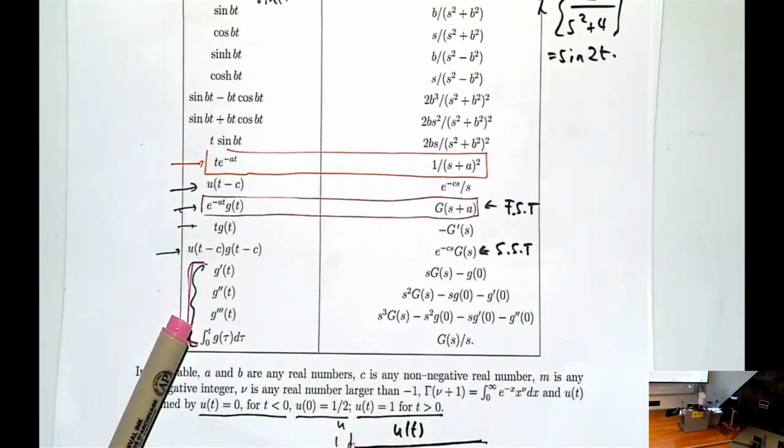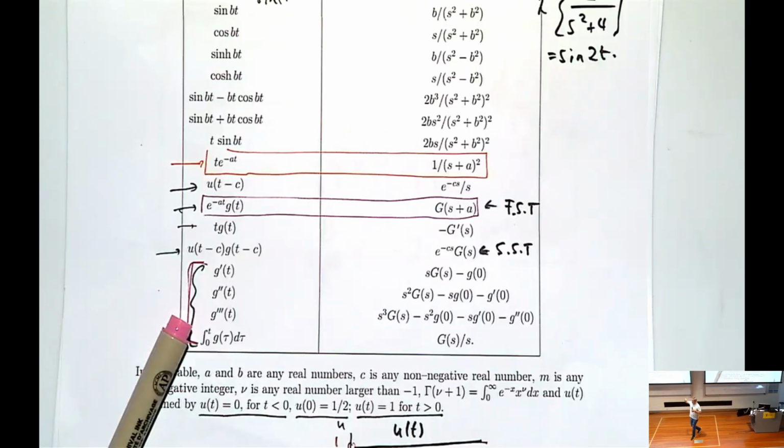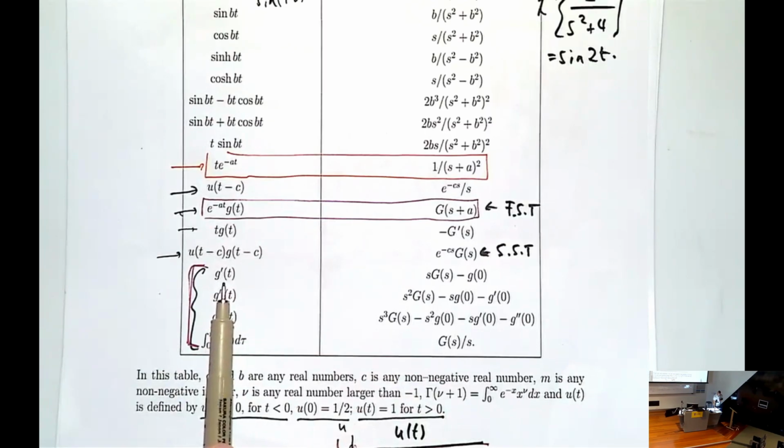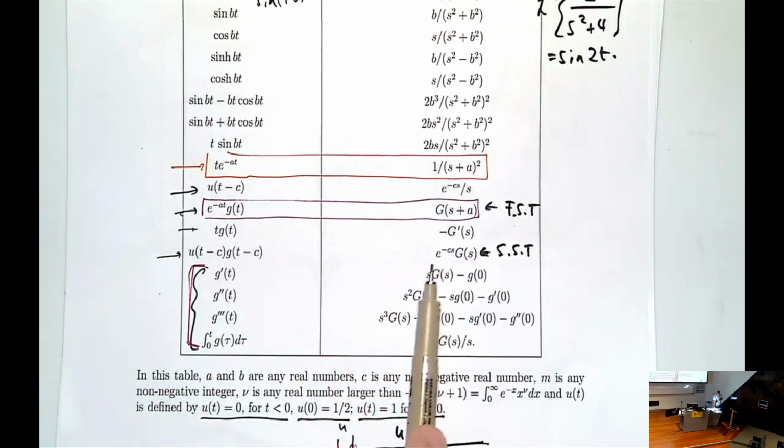This is actually why those bottom three are why we can use these transform methods to solve problems. And I think I said this on Wednesday, but again, people are sleepy. If I transform the derivative of something, right? The table says the derivative disappears. There's no big G dash there, right?